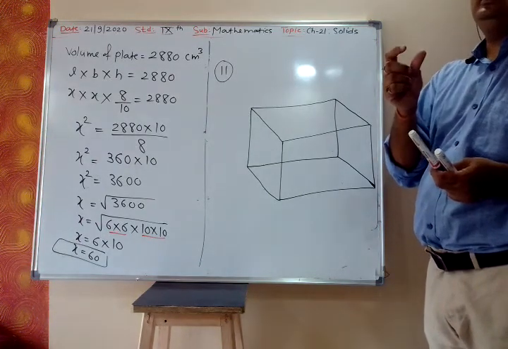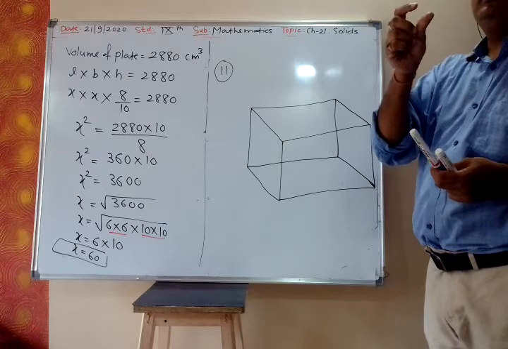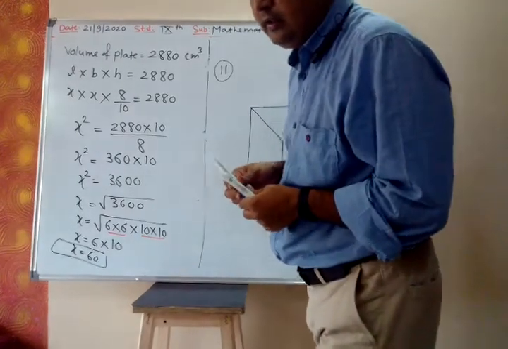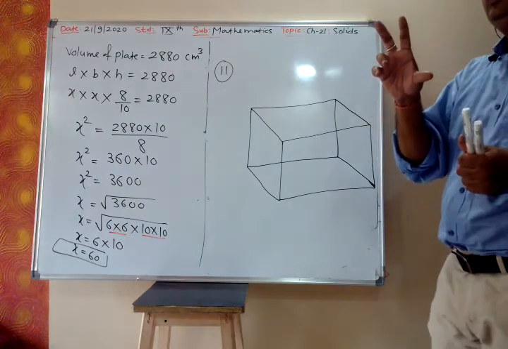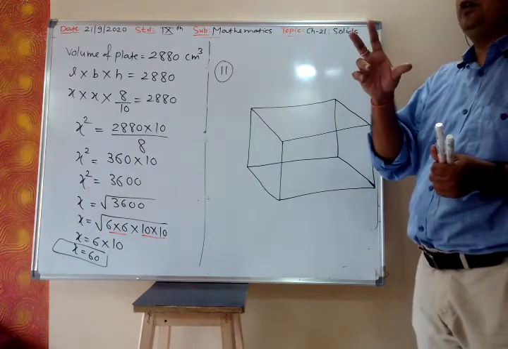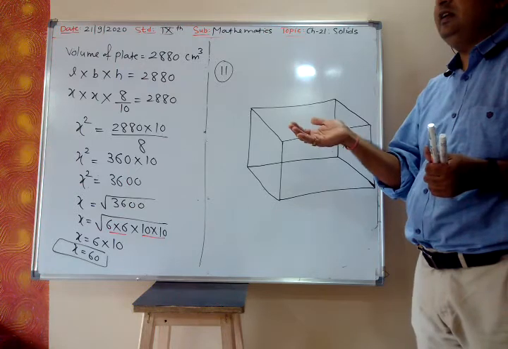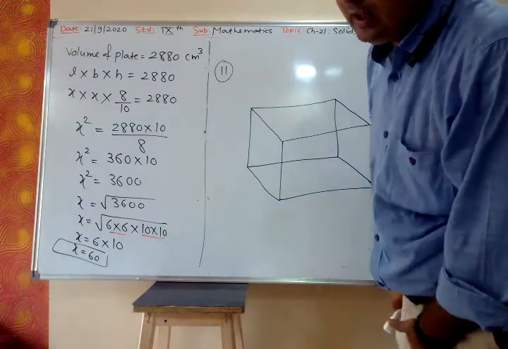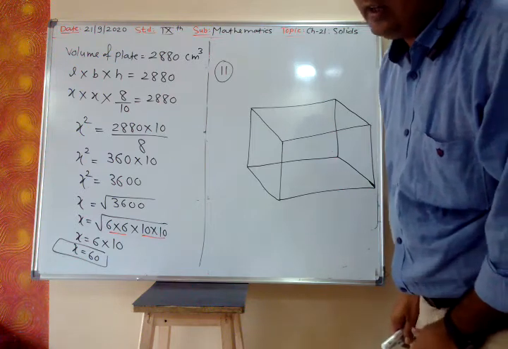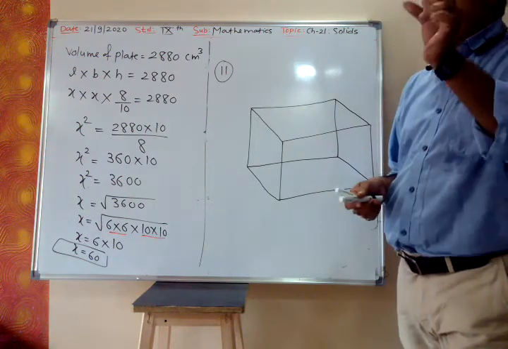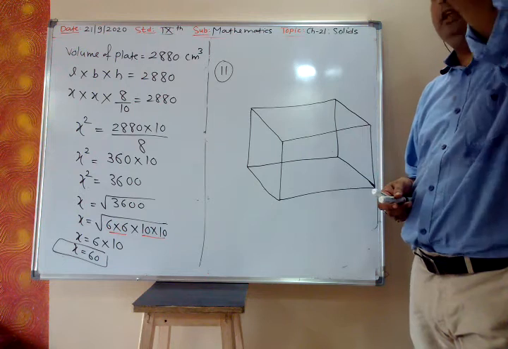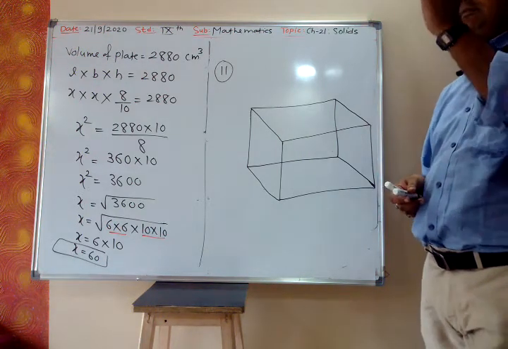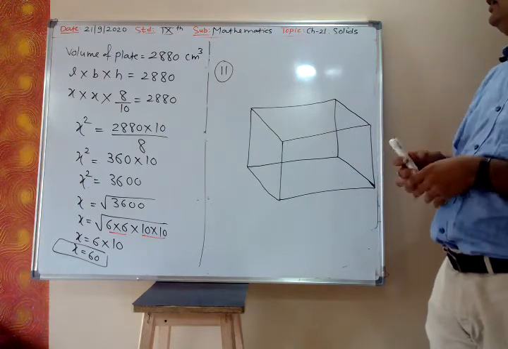So naturally there will be thickness. You will get two cuboid shapes, one internal, the other external. And between internal and external there is wood.